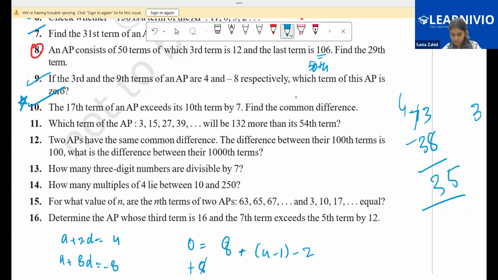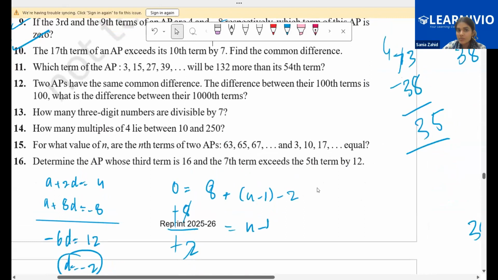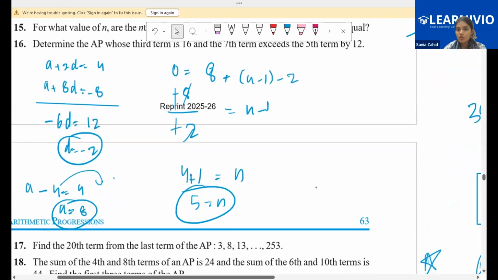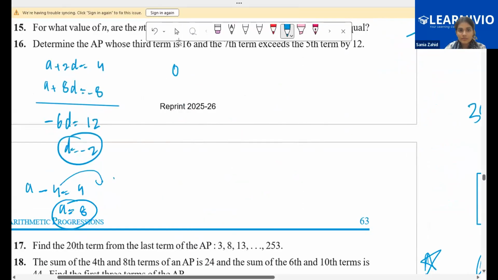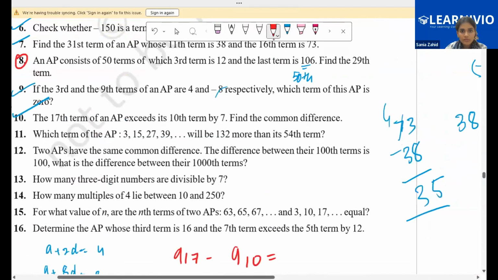Now, what's the answer? 1. Let's check. It's given the 17th term is exceeding the 10th term by 7, so you should get an equation like this: A17 minus A10 should give you 7.